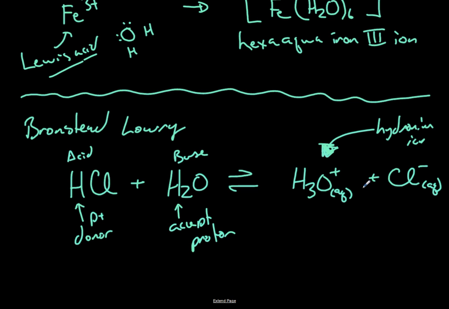And then conversely, there's going to be a conjugate pair, right? So now if you look over here, in the return equilibrium, which is very limited, it's very small, so maybe this wasn't the best example, but in the return equilibrium, this hydronium is now donating its H+ back to the Cl- over here. So in this case, this is the conjugate acid.